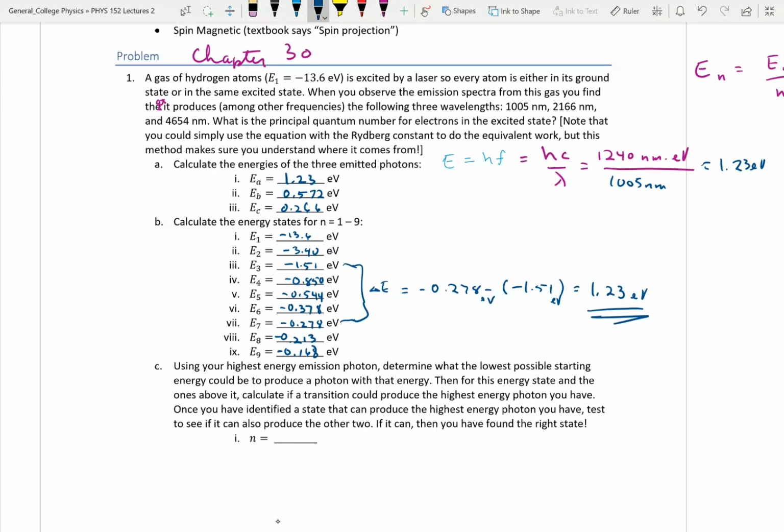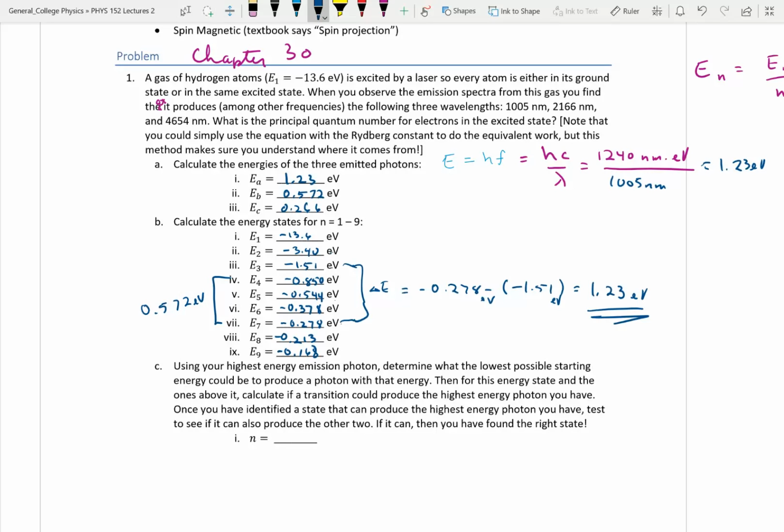So to go to 0.572, I'm just going to say, well, 0.278 minus 0.572 would be minus 0.850, right? 0.850. And look, there it is, E4. So this here, E7 to E4, is my 0.572 eV.